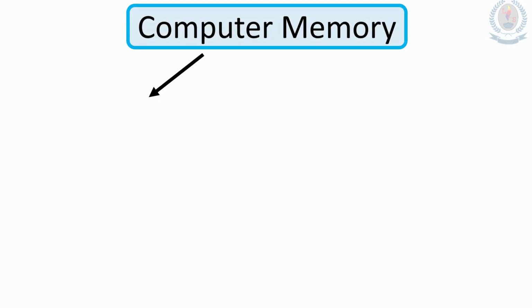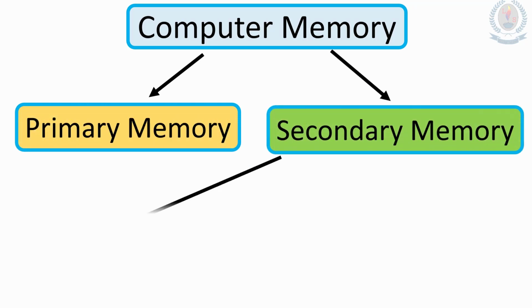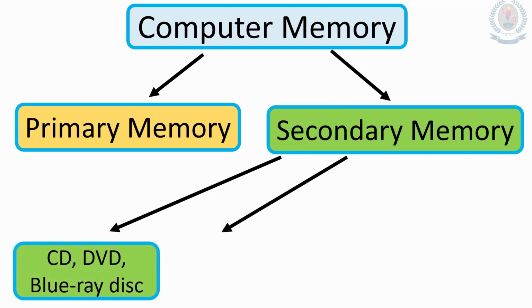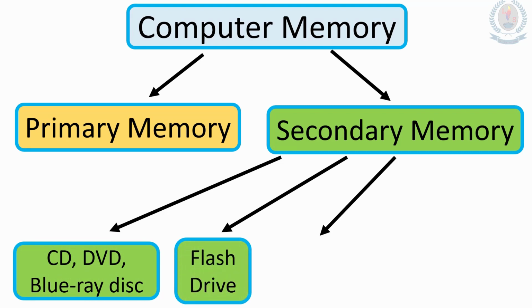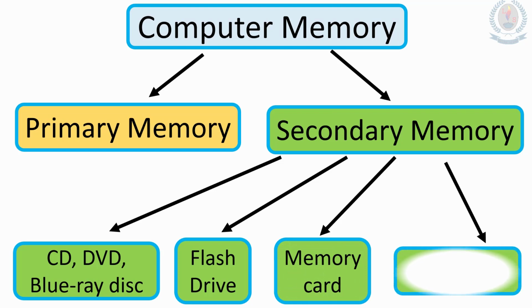In computer memory, we know that there are two parts. We have already learned about the first part, primary memory, and we are moving to the secondary memory. Under that we have all the storage devices: CDs, pen drives, memory cards and hard disks.